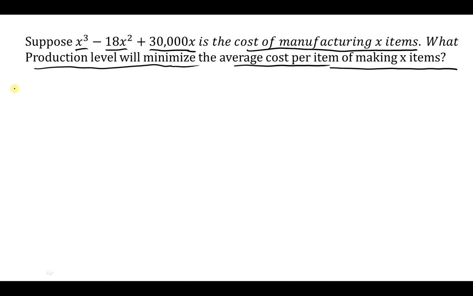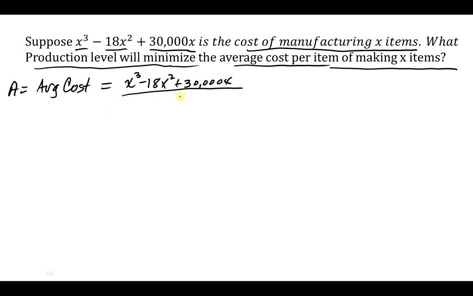Well, the average cost, if we let A equal the average cost, this would be the total cost, which is x cubed minus 18x squared plus 30,000x divided by the total number that you are manufacturing, which would be x.